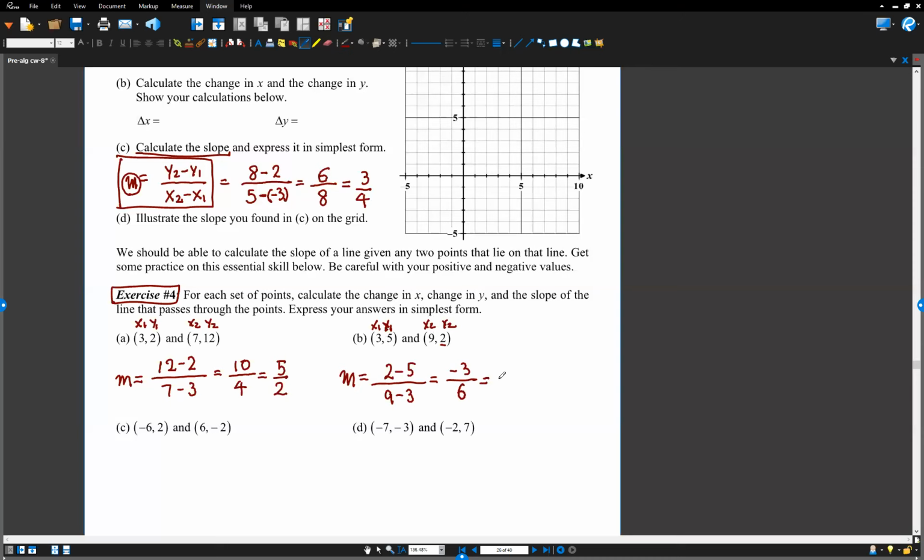We still have a negative, divided by 2, 3 is what? 1 over 2, isn't it? That's the slope. But this time it has a negative slope. When you move to the right by 2, you move down 1 unit.